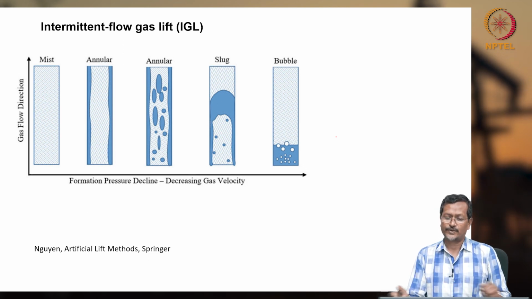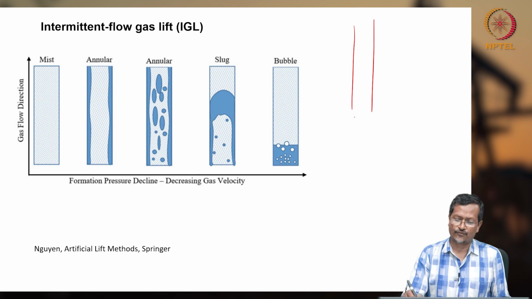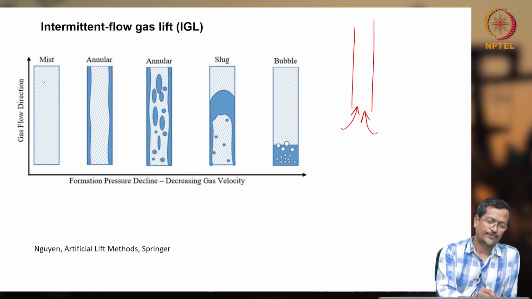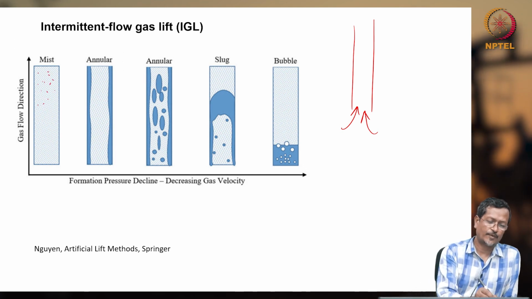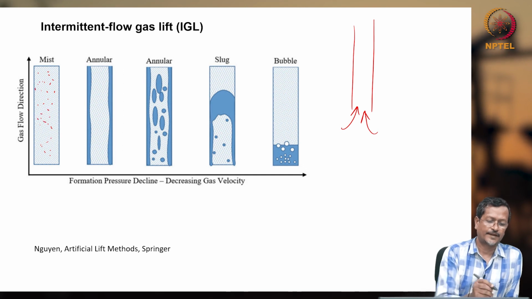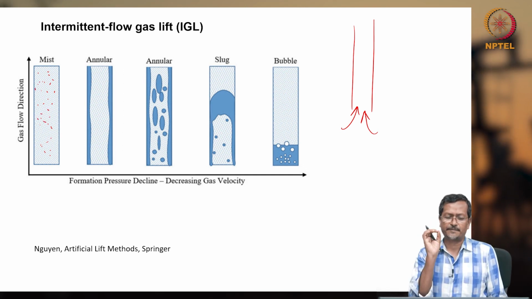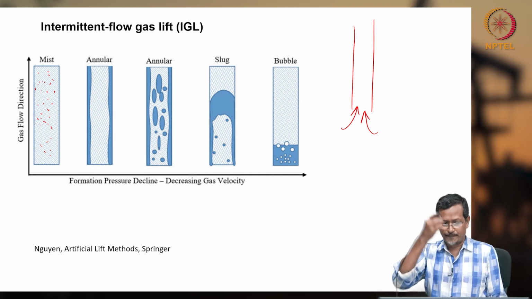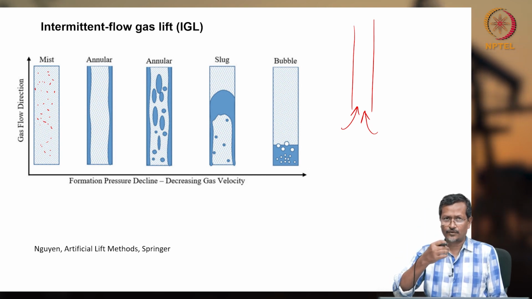Gas well means you have very high fluid velocity, and because of very high fluid velocity you are getting mist flow. The small amount of liquid coming in the gas well is creating mist, so very tiny particles are created. Tiny particles mean the slip, the velocity of falling back to the wellbore, will be very low.